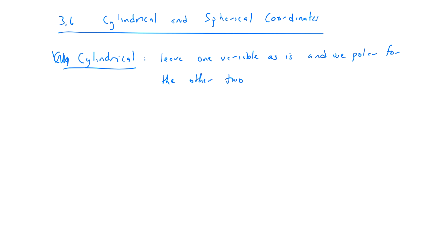What we're going to do is, when we have 3 variables, we're basically going to let 2 of them be polar coordinates, and then the third one is just left as it is. So we've done a few of these. I'll do one in a minute, but this we've already done. As I said, I've cheated a little bit, which is I did this in 3.4 and 3.5.